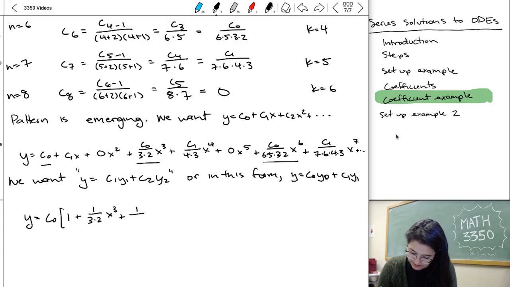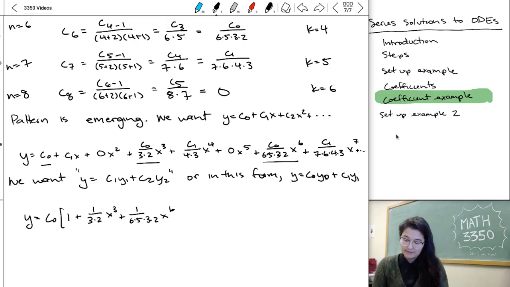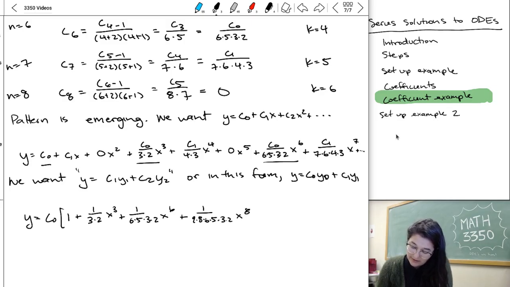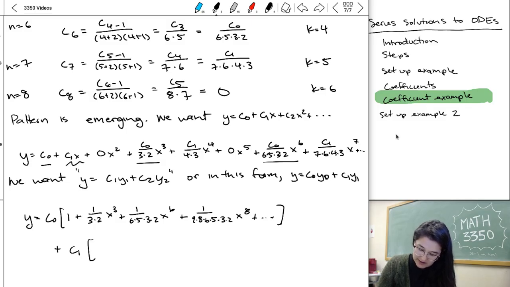Plus 1 over 6 times 5 times 3 times 2 x to the 6th. And even though I didn't write it down, I know that my next one is going to be 9 times 8 times 6 times 5 times 3 times 2 x to the 8th, so on and so forth. And then my plus C1, and here I just look at my C1 terms.